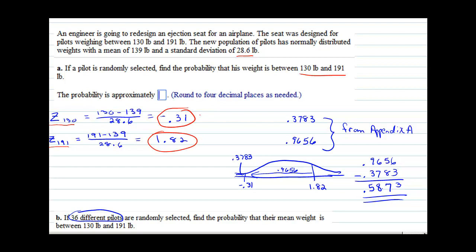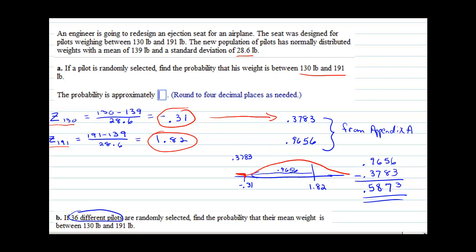Look both of those up in Appendix A, the z-score table, and you'll find that a z-score of negative 0.31 gives you 0.3783, which is this area right here to the left of negative 0.31 under the bell-shaped curve.